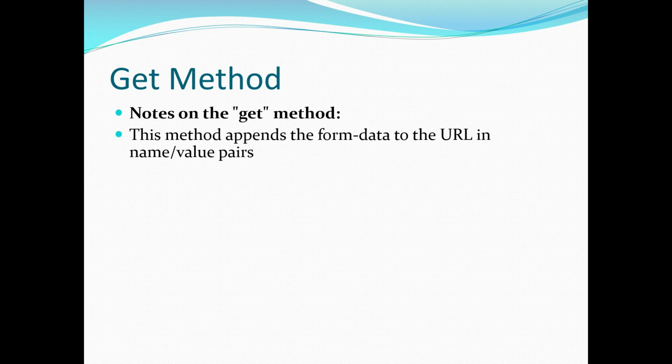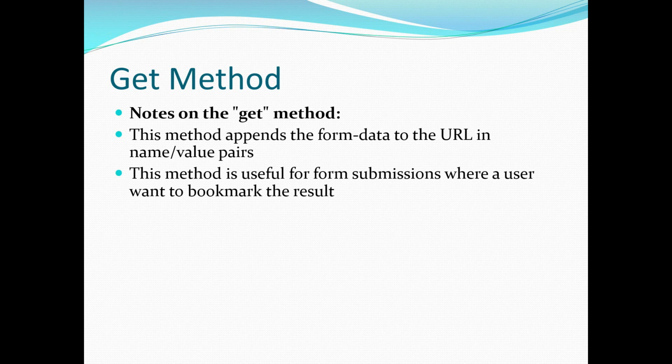Therefore, please do not use the get method when you want to post a username or password or something very sensitive. When we deal with sensitive data, you should prefer post over get. This method is useful for form submission where a user wants to bookmark the result.